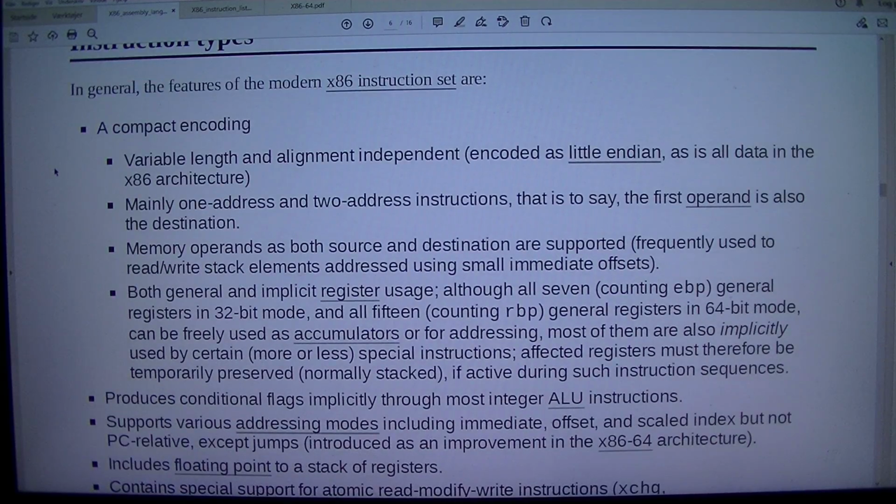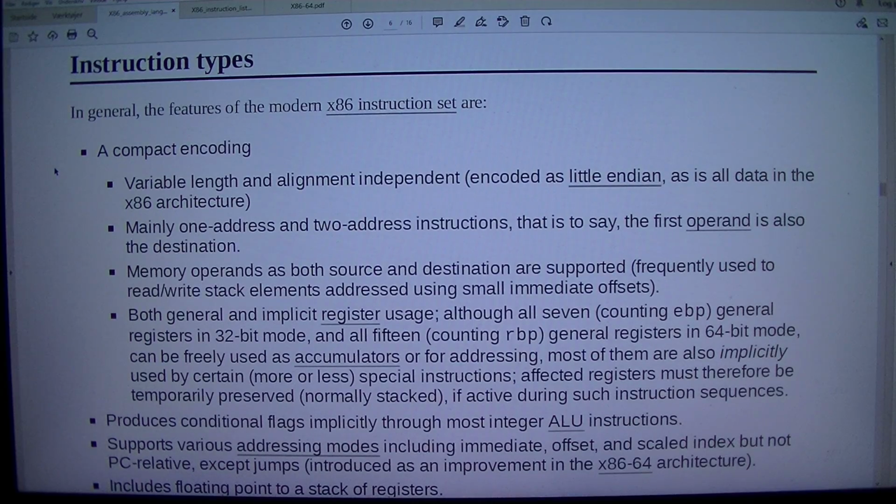Memory operands as both source and destination are supported, frequently used to read and write stack elements addressed using small immediate offsets. Both general and implicit register usage, although all 7, counting EBP, general registers in 32-bit mode, and all 15, counting RBP, general registers in 64-bit mode can be freely used as accumulators or for addressing.